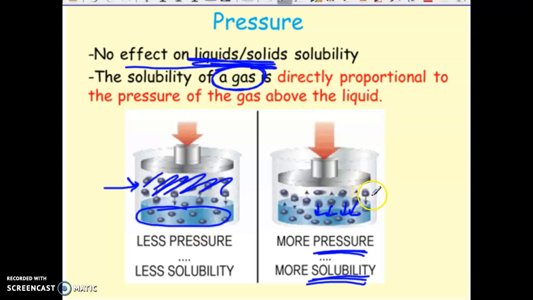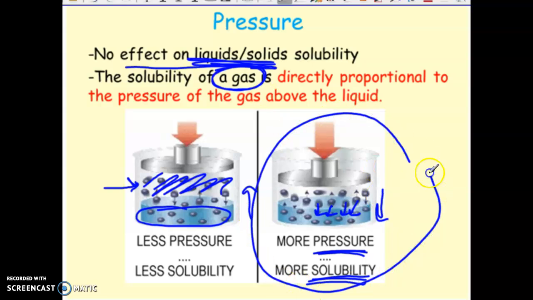Essentially, the less space you give the gas above the liquid, the more the gas will go into the liquid, just because there's less space available. If you give the gas more empty space, the gas is going to fill up the empty space first. So the higher the pressure, the less space the gas has, the more gas will go into the liquid. And exactly the opposite happens if you give it too much space.